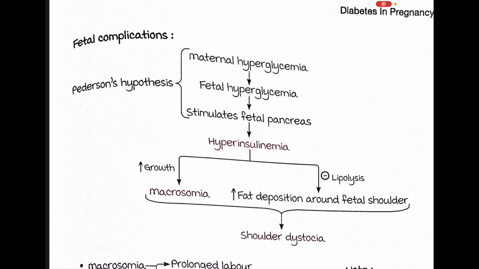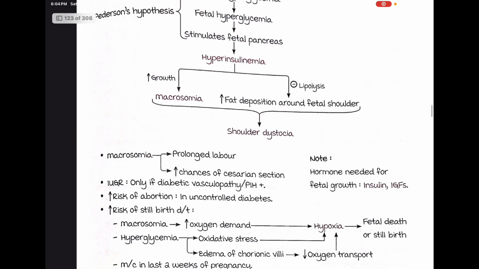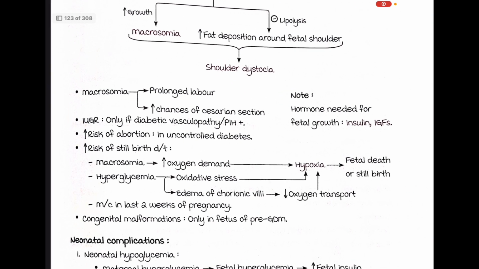Fetal complications. Maternal hyperglycemia equals fetal hyperglycemia, which stimulates the fetal pancreas, causing hyperinsulinemia, increased growth, macrosomia, decreased lipolysis, and increased fat deposition around the fetal shoulder, leading to shoulder dystocia.